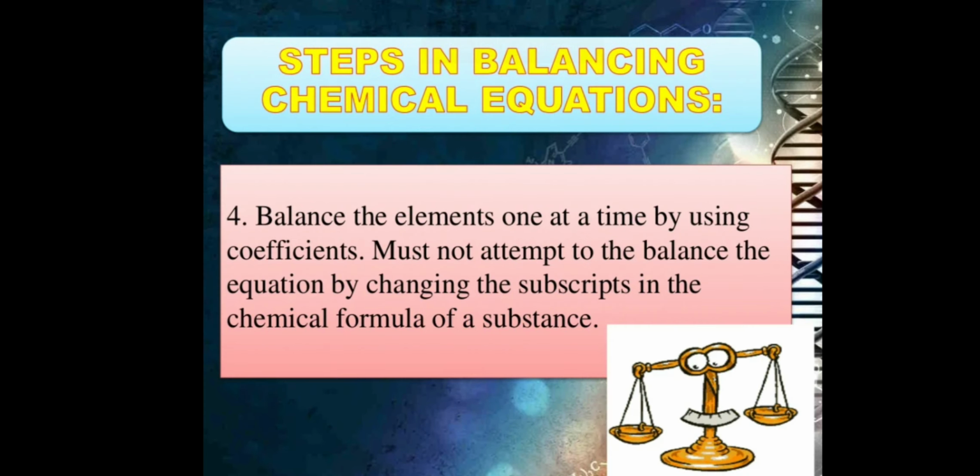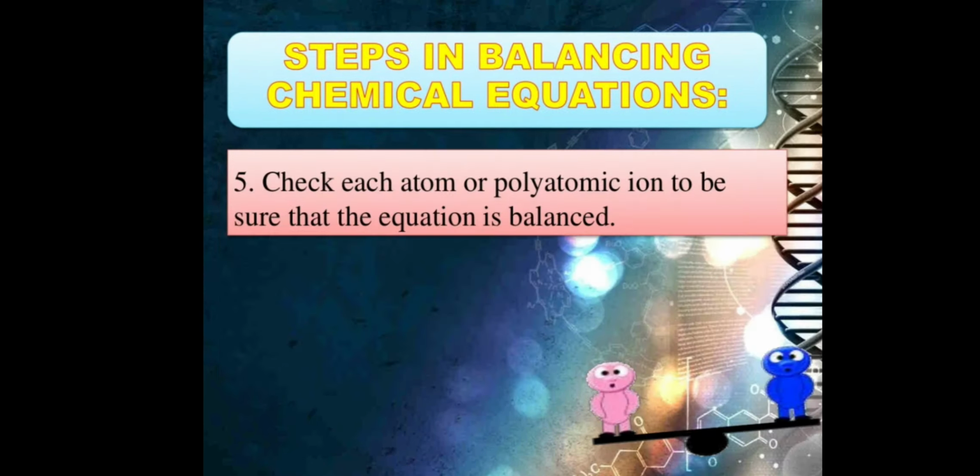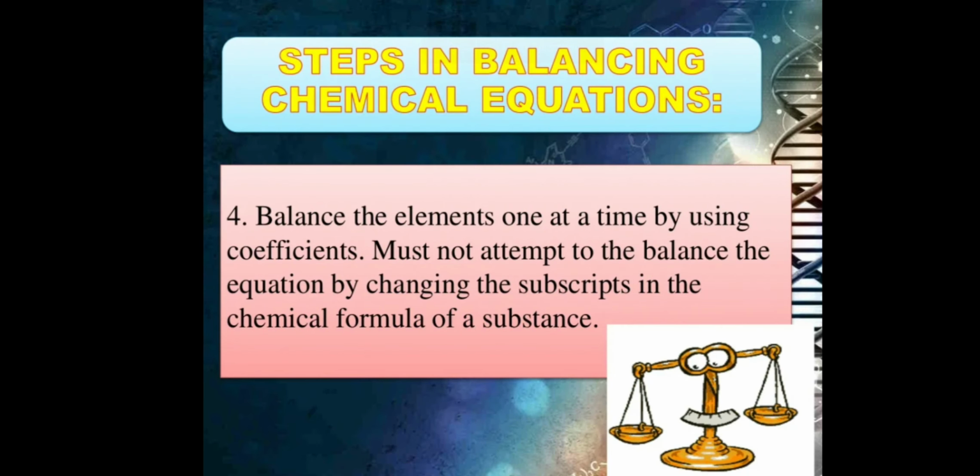Okay, let's move to another slide. I think that is the last part. The fourth step is to balance the elements one at a time by using coefficients. Do not attempt to balance the equation by changing the subscripts in the chemical formula of a substance.